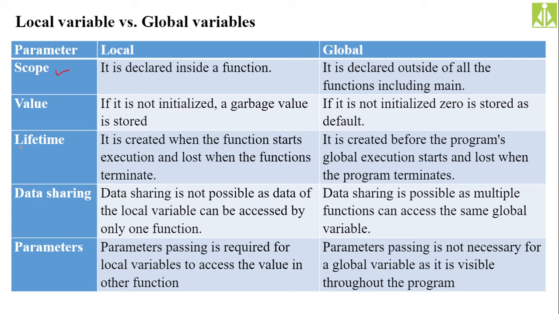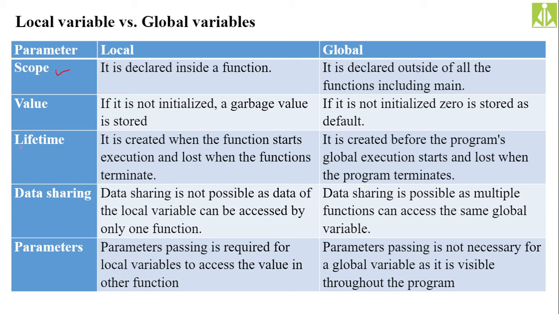Then we have the parameters. Parameter passing is required if you want to access local variables between the functions. You have to apply the parameter passing mechanism; only then will variables declared inside one function become available in another function.